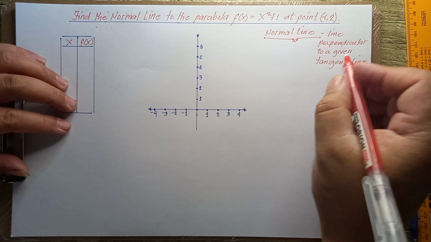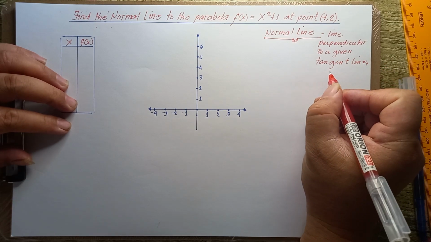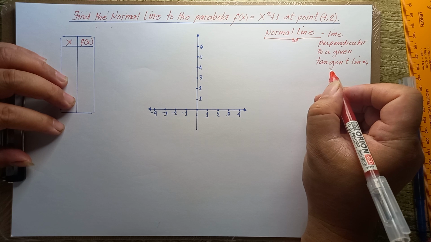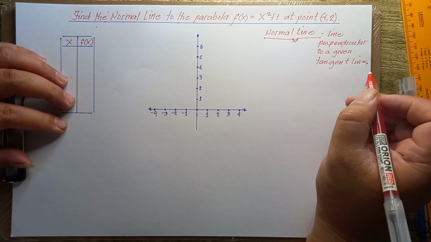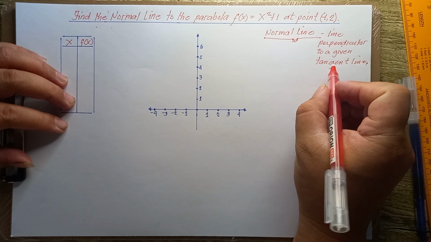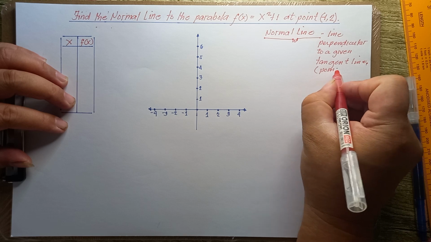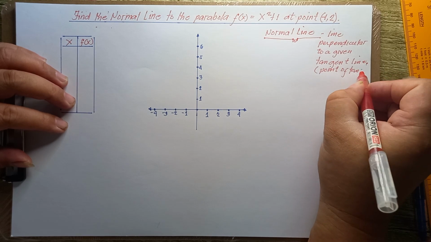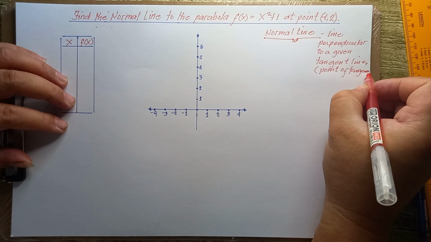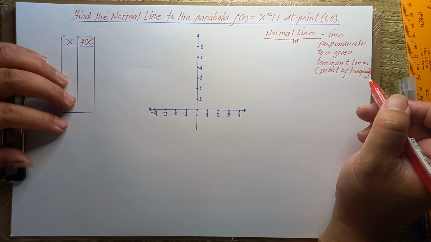Of course, considering the point of tangency. So the point of perpendicularity, or the point of intersection, is the point of tangency. That is where the normal line and tangent line intersect.